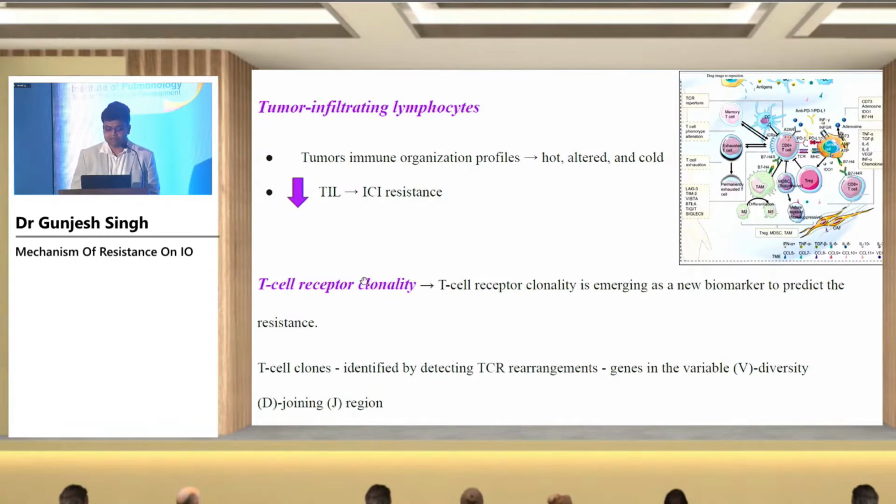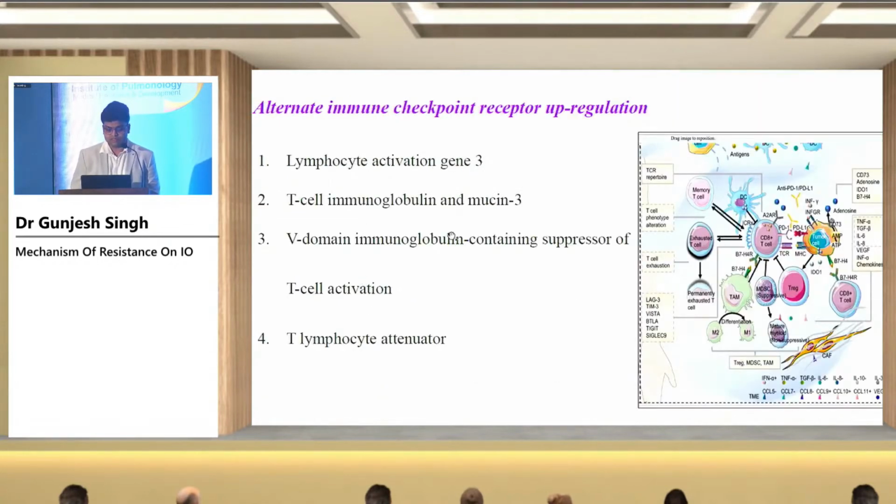Change in T cell receptor can further cause immune resistance. Apart from PD1, PDL1 interaction or CTLA4, B7 interaction, there is activation and upregulation of other immune checkpoint receptors such as lymphocyte activation gene 3.